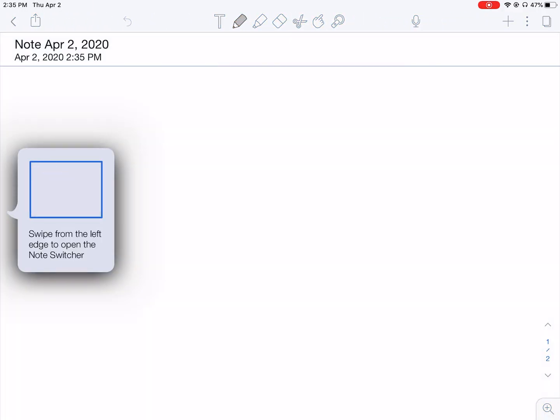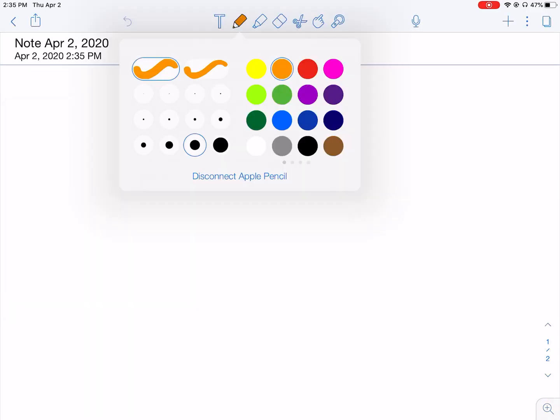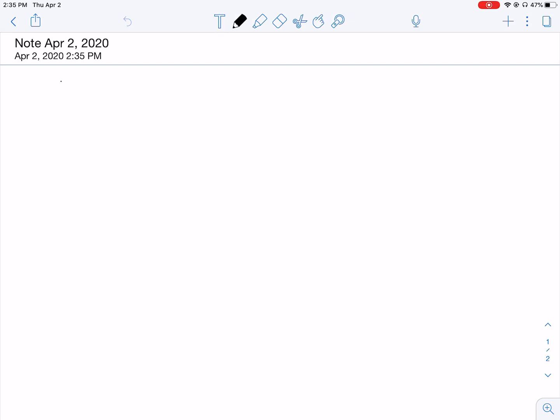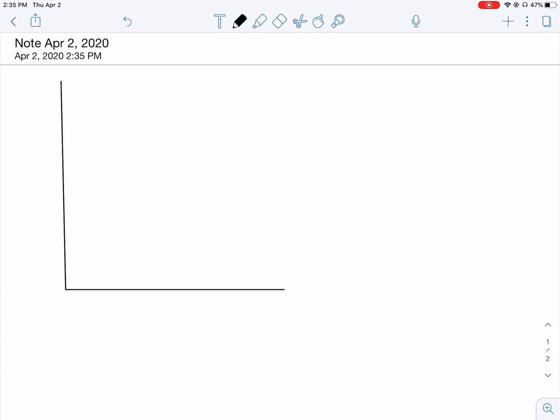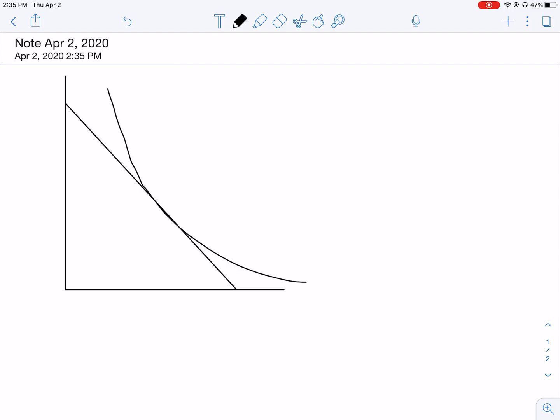So what's the demand curve? How do we derive the demand curve? Let's say this is the demand curve, and this is the indifference curve.